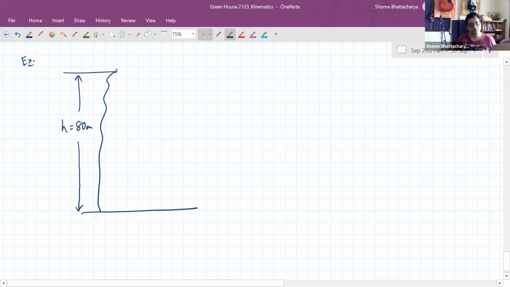This is a height of 80 meters. Now from here, a ball A is released from rest at t equal to 0. So it will fall vertically like this.